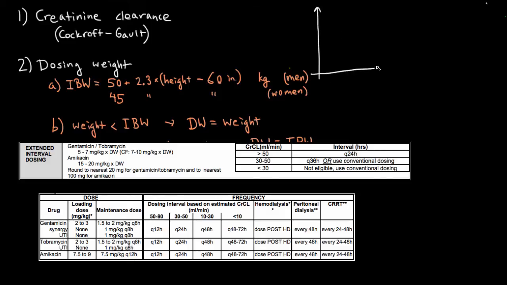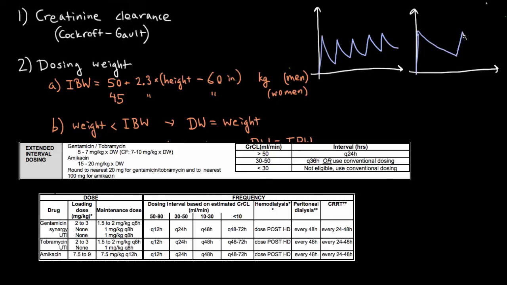So first, let's look at a regular conventional dosing concentration curve. So your loading dose is going to bring you up, you come down, you're going to give additional doses maybe every 8 hours or so, and it'll look something like that. Now, if someone has impaired creatinine clearance, after you give that first dose, the concentration of aminoglycoside is not going to drop quite as fast.